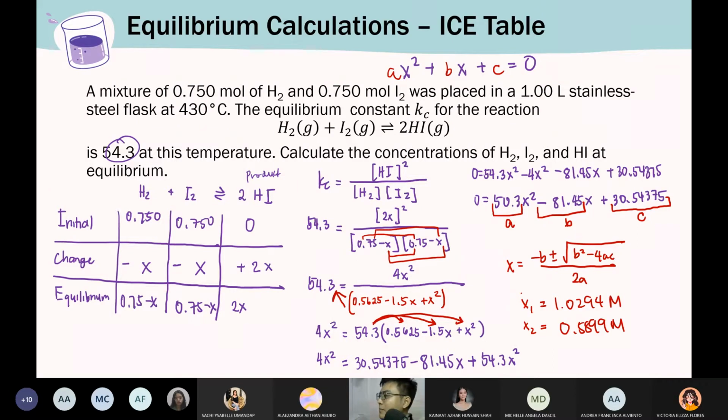Anyone? If I plug in my x1 or x2 in one of these equations, may magne-negative dyan. Ano yung i-eliminate ko? Is it x1, x2? So I need opinions about this. Sige. Sabi ni Mark, x2. About the others, which of them should I eliminate?